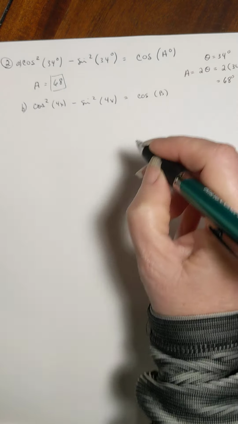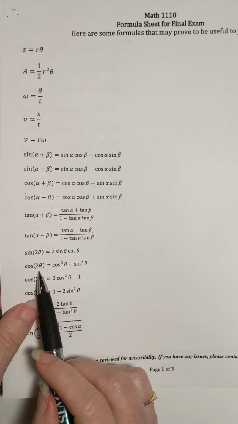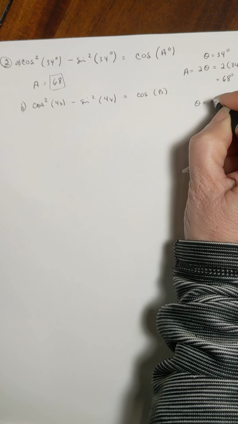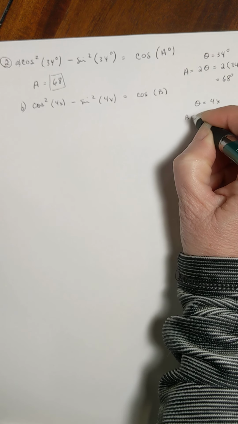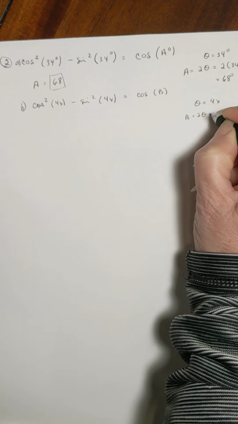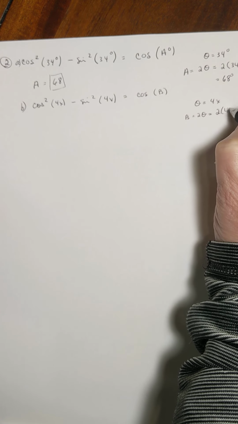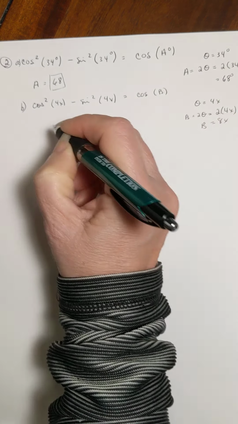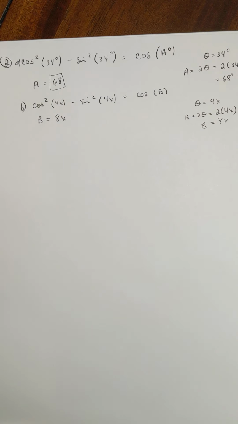And so again, using the same formula, this is the double angle formula for cosine. It would be that theta is equal to 4x, and so b is 2 theta, and so that would be 2 times 4x would be 8x. So b here is equal to 8x. Right?